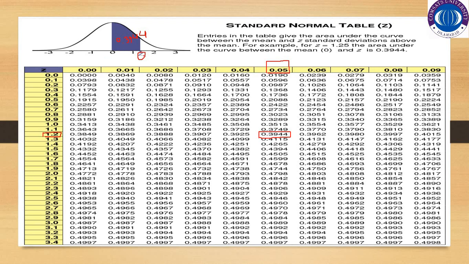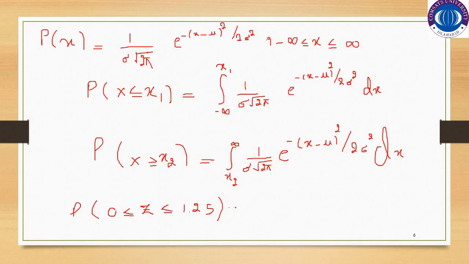Let's suppose this is basically the 1.25 value, and this axis is for the random variable z. That's why I'm taking z as the random variable. So the probability between 0 and 1.25, as z is equal to 1.25 here, is written here. So it will be 0.3944. This is the probability.